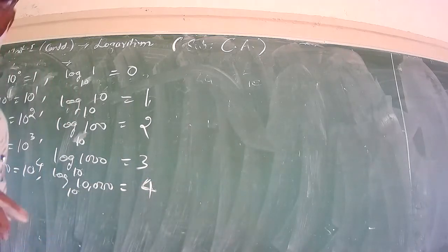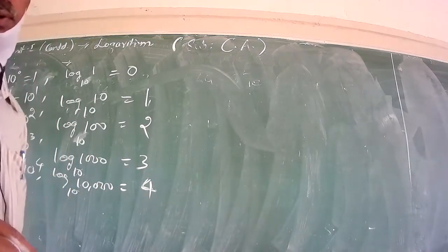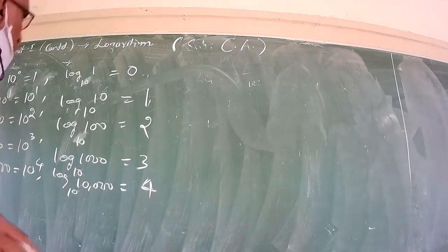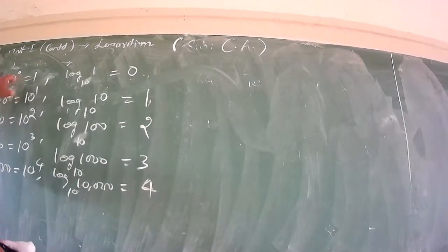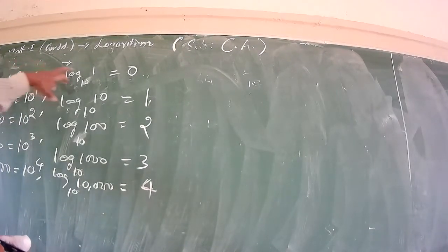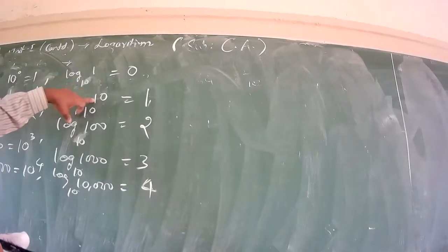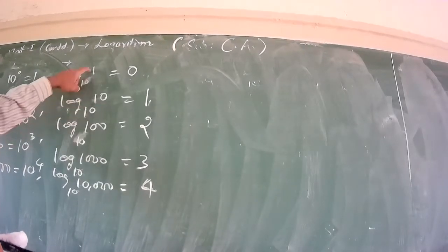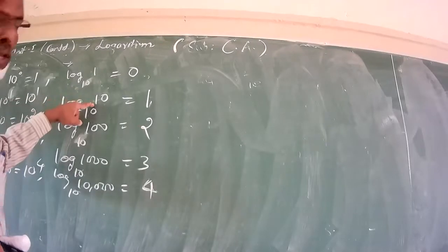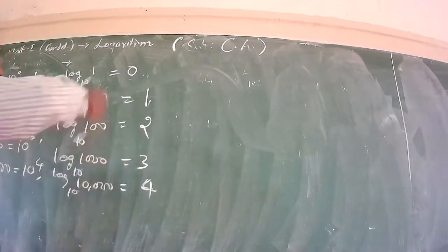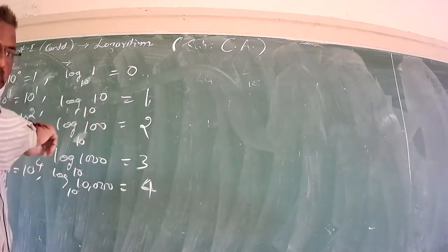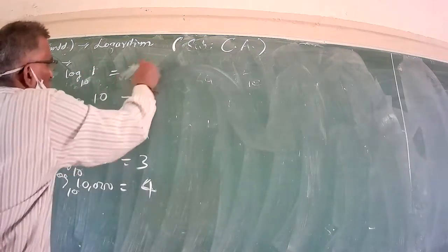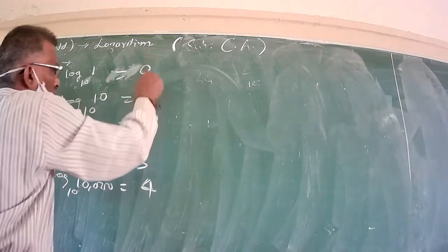Now carefully note this. When a number changes from 1 to 10, the log of any number lying between 1 and 10 changes from 0 to 1.